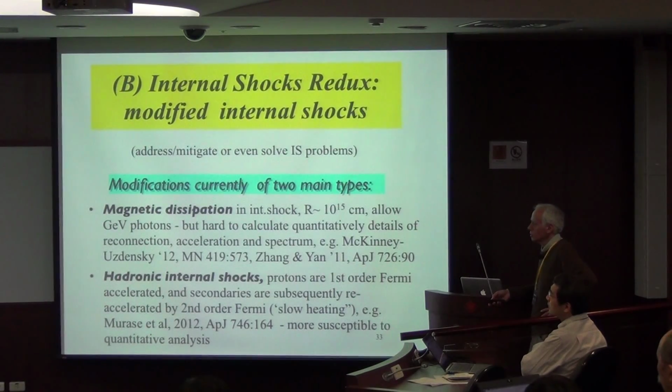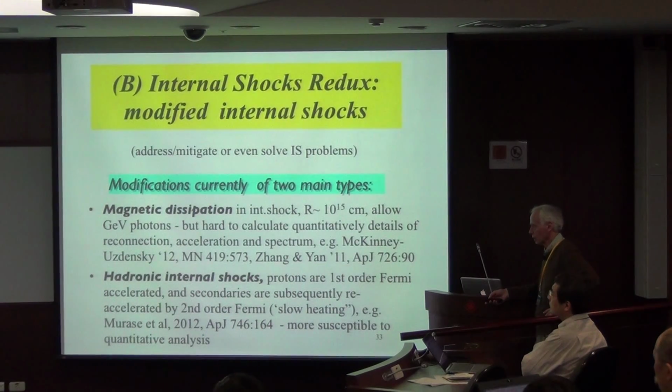Another approach is to consider hadronic effects in the internal shocks, meaning that whereas in the simple leptonic approach you ignore what the protons are doing, they just provide inertia, in the hadronic approach you say that if you have shocks, you will accelerate protons as well as electrons.